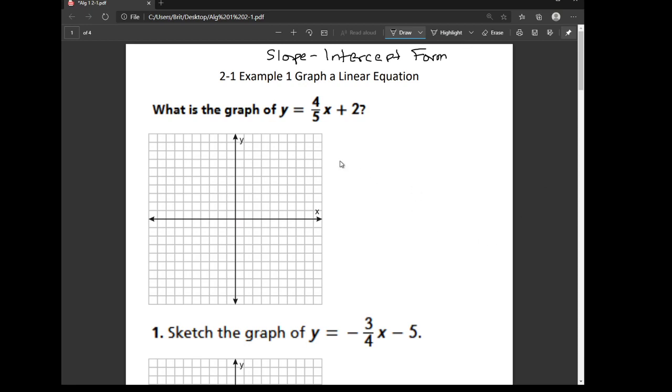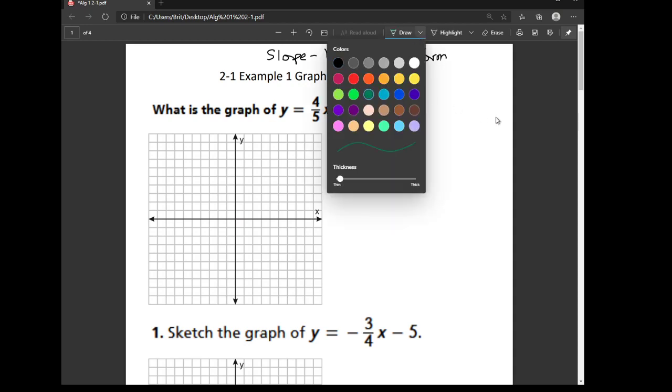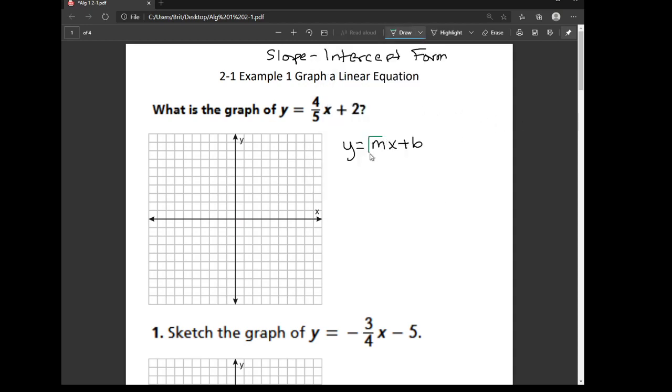So let's talk about the general form of the equation. This is y equals mx plus b. Now the m here stands for the slope of the line.